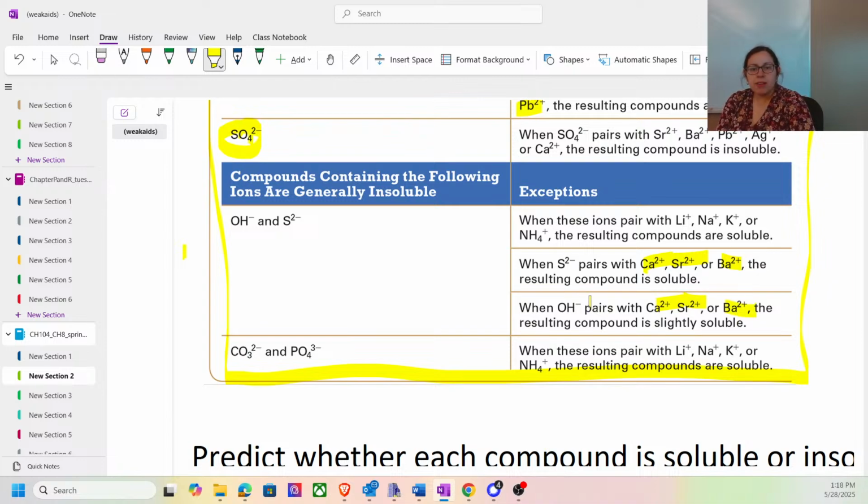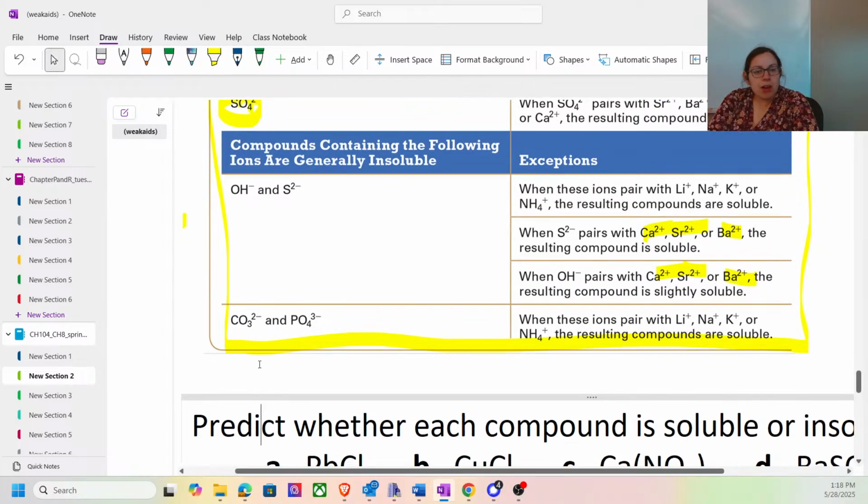Sulfides and hydroxides are both slightly soluble, so you might expect discrepancies when you look these up. And then carbonates and phosphates are generally insoluble. I think we saw that with some of those calcium tests, when you made precipitates of calcium carbonate and phosphate that were insoluble to test for compounds.